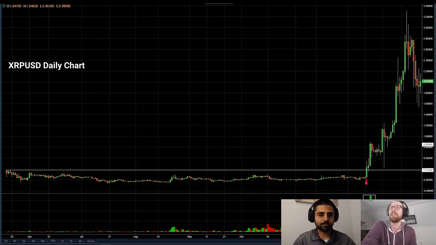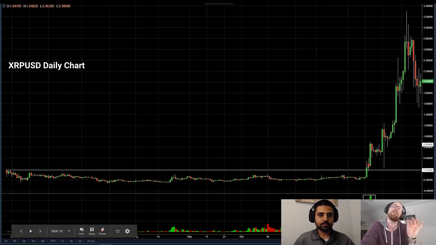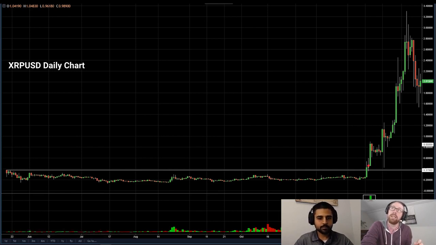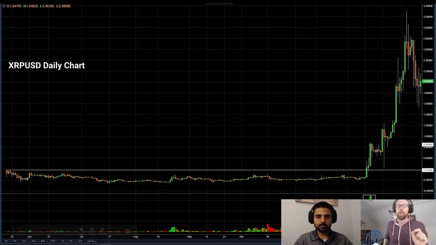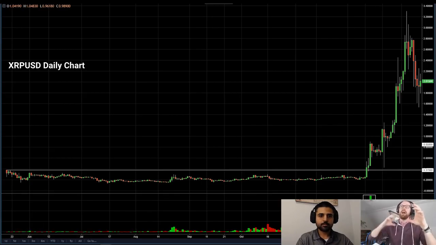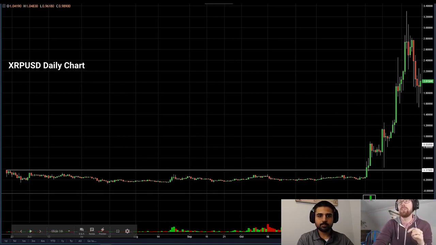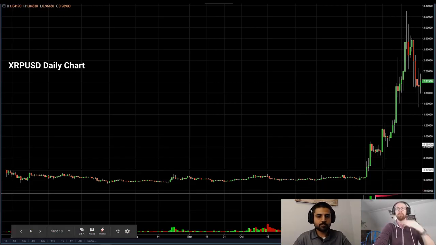Now, what's interesting with this is that we had peak volume here, over 600 million coins traded on these high volume days. However, remember, at this time, it was around 50 cents per coin. So here, when it's up at $3, if we were looking at this not just in number of coins, but in the volume of currency that changed hands, you'd see that this was actually increasing because the price went up.